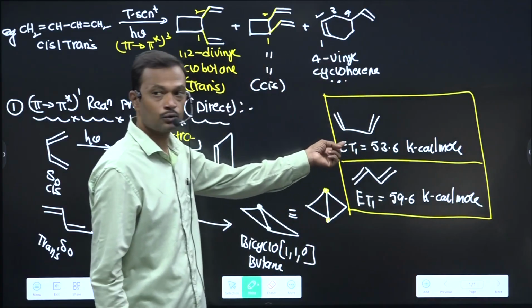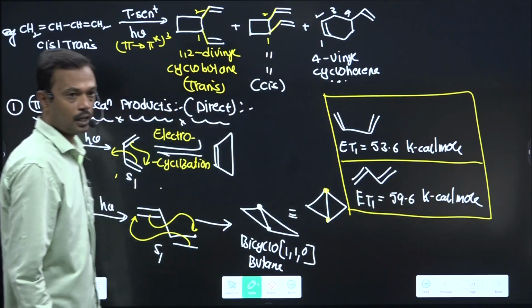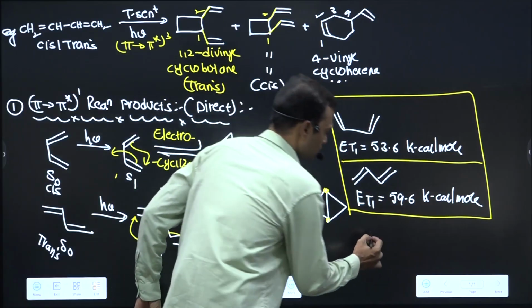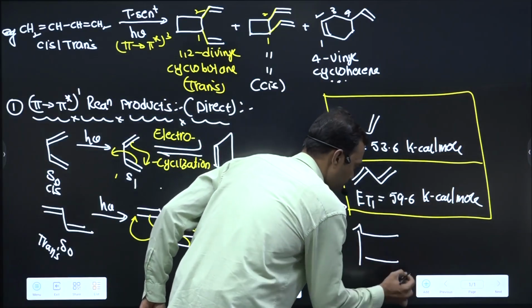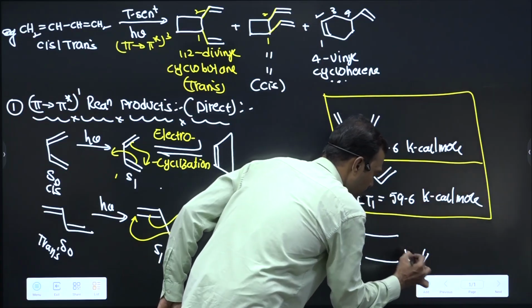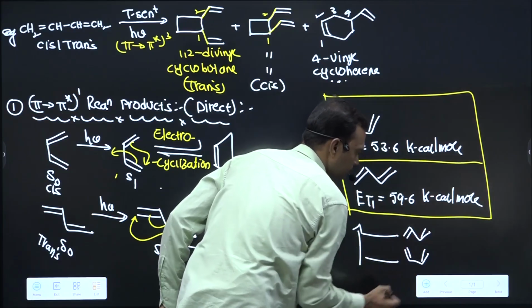ET1 of cis olefin is 53.6 and this is 59.6. Trans has a higher ET1 value compared to cis. So if I take the cis and trans isomers, this is the cis isomer value, and this is the trans isomer value, trans diene.